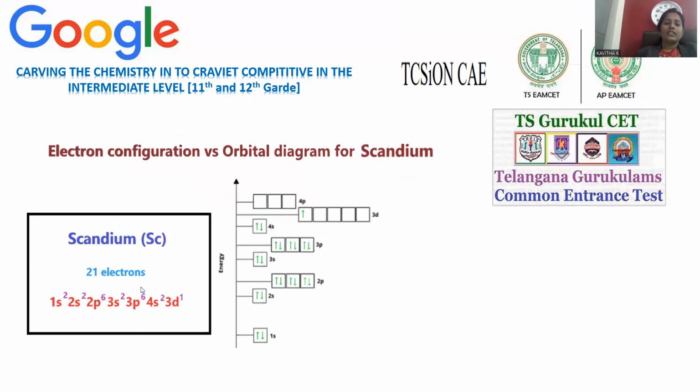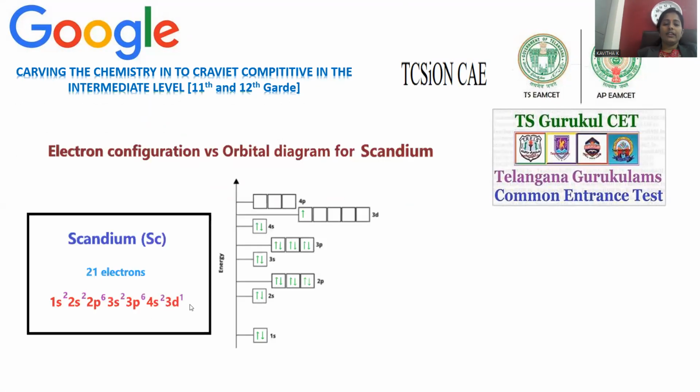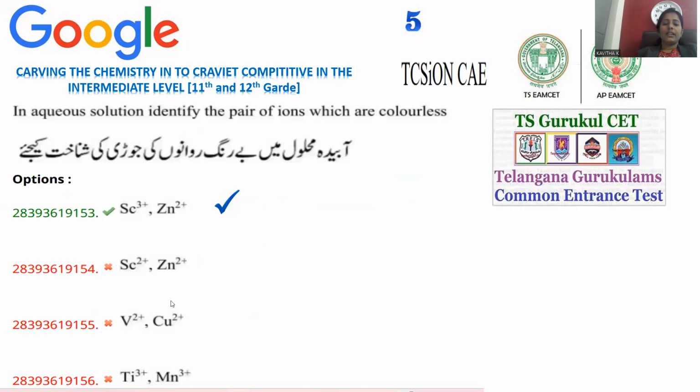Such a condition may not be noticed for Sc+2. If you go for Sc+2, it has one unpaired electron, a 3d1 electron. 4s2 electrons are lost, but 3d1 will be there under Sc+2 condition, which is colored. But Zn+2 again, we can go for 4s0, 3d10, completely filled, colorless only.